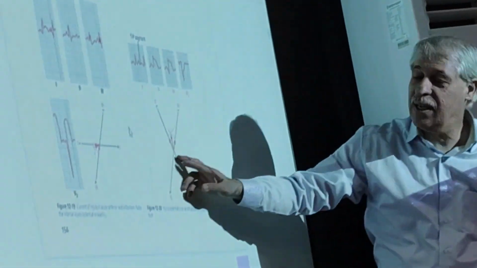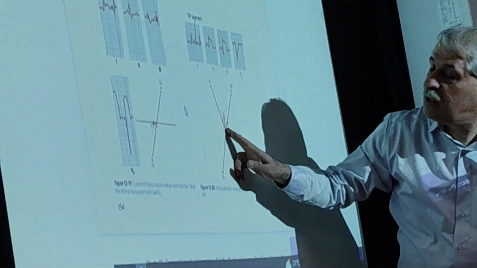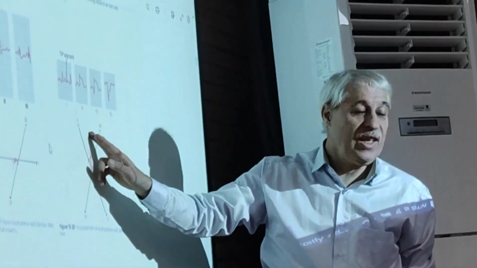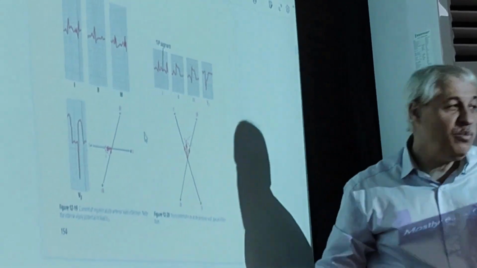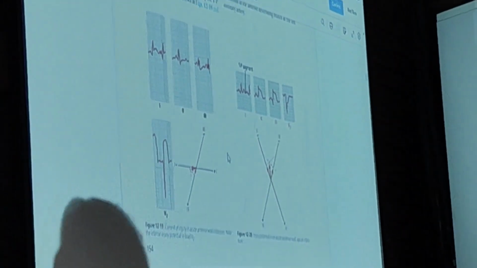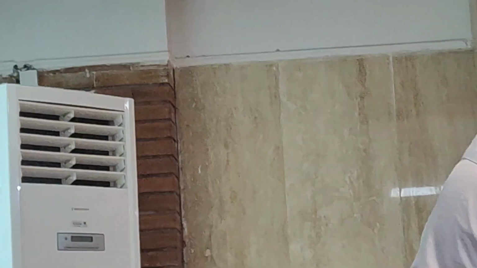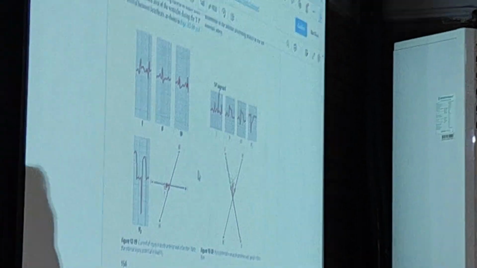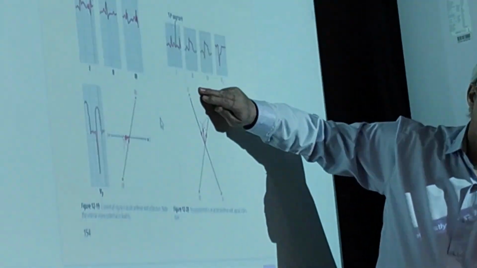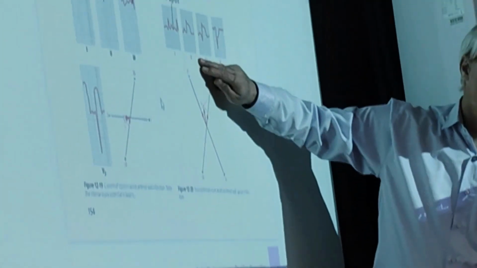See, take a look here. The resultant vector is directed to the positive. So the negative part is here, which means the inferior part of the left ventricle is infarcted. Now, this is the positive end of the resultant vector, which is directed to the base.